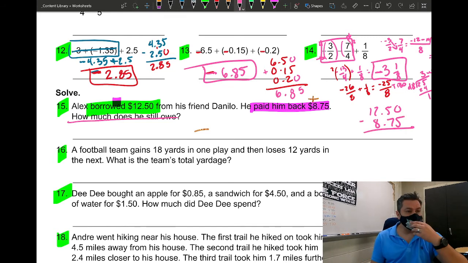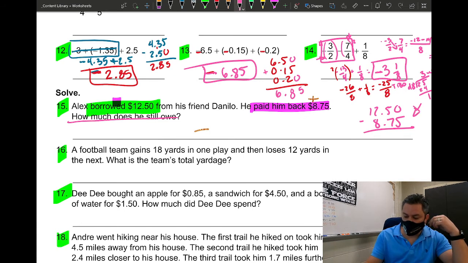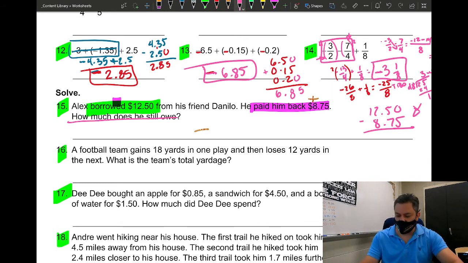You might be able to do this in your head, but I need to see the work, correct? Mister, do I write the question in my notebook? No. All you gotta do is show me this right here, what I'm about to do. So this is 5. This is 7.